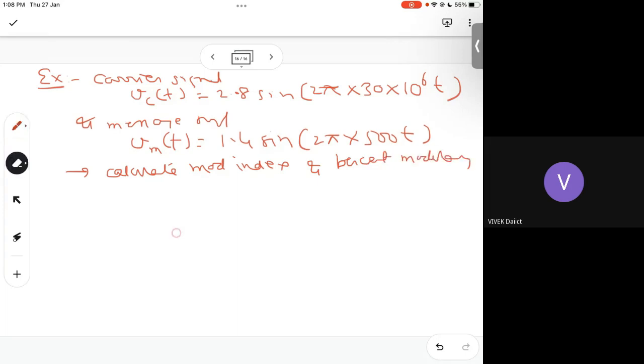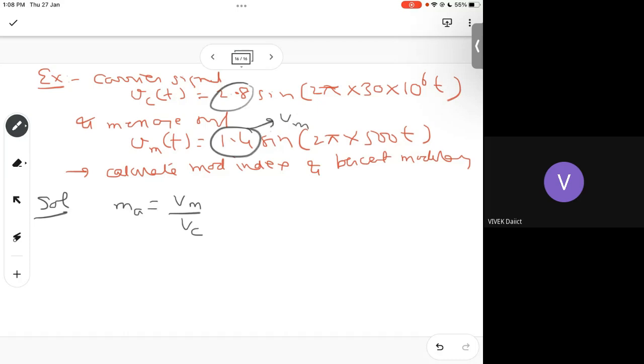So how to go about that? MA is equal to VM over VC. This is my VM, this is my VC. So it becomes 1.4 by 2.8 volt, that means 0.5.